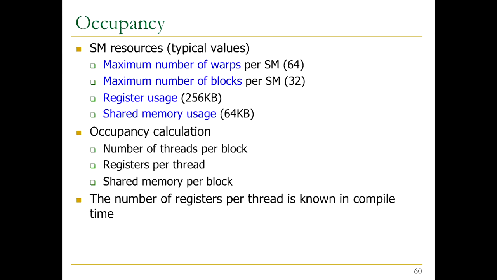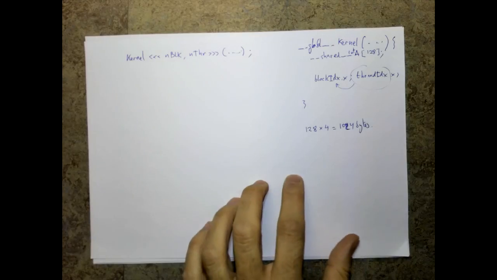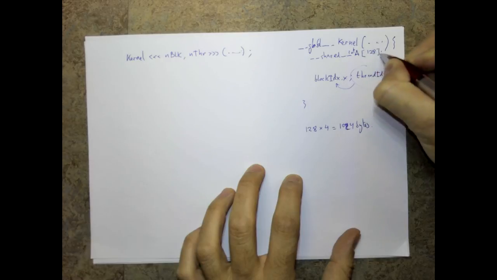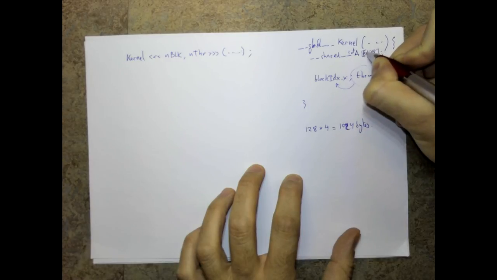So our occupancy, in this case, is not going to be limited by the shared memory, right? It might be limited by some of the other three factors. Which one? At least by the maximum number of thread blocks, right? So maybe we need much more than that.